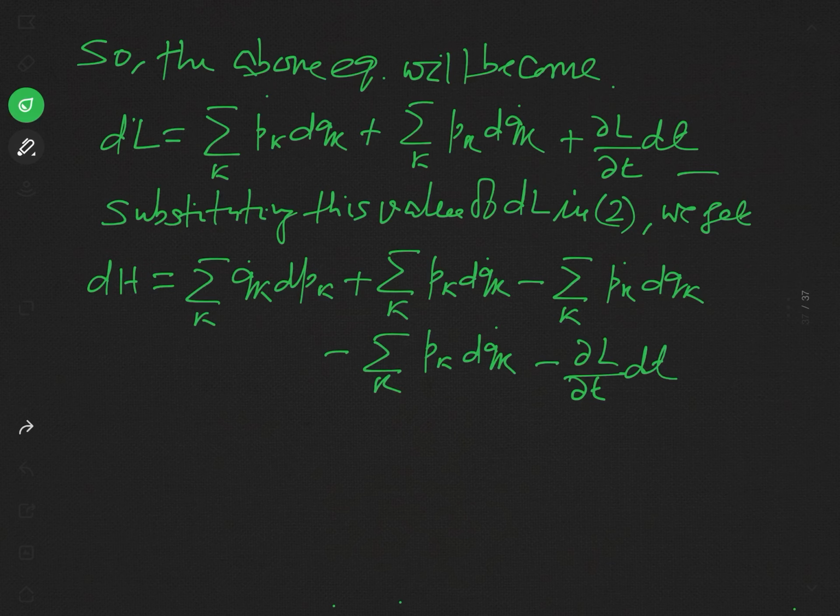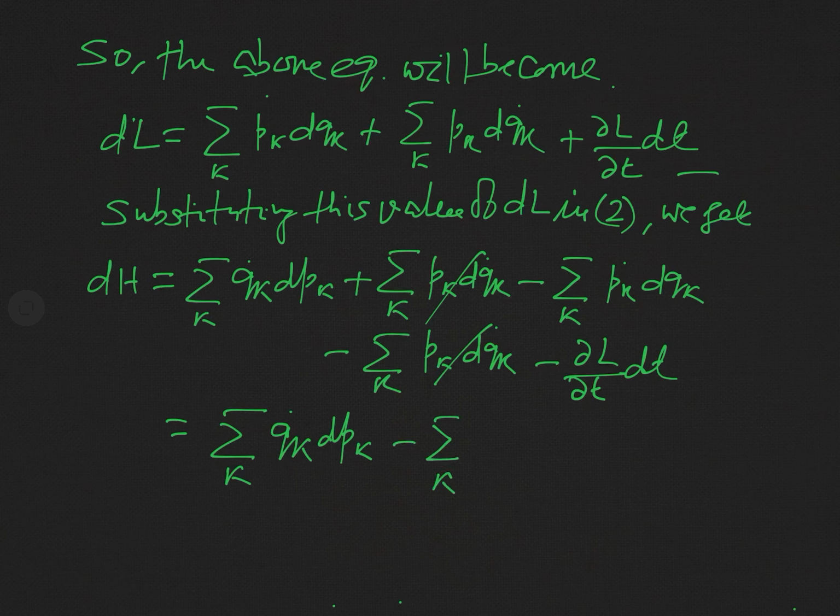Now see here, these two pk dqk dot terms will cancel out, and so the result left to us is summation over k qk dot dpk minus summation over k pk dot dqk and minus del L by del t dt.